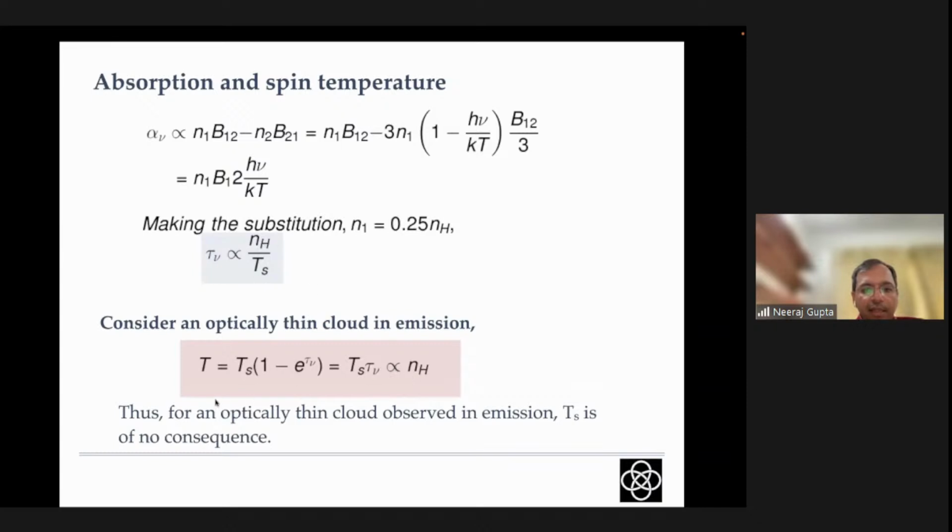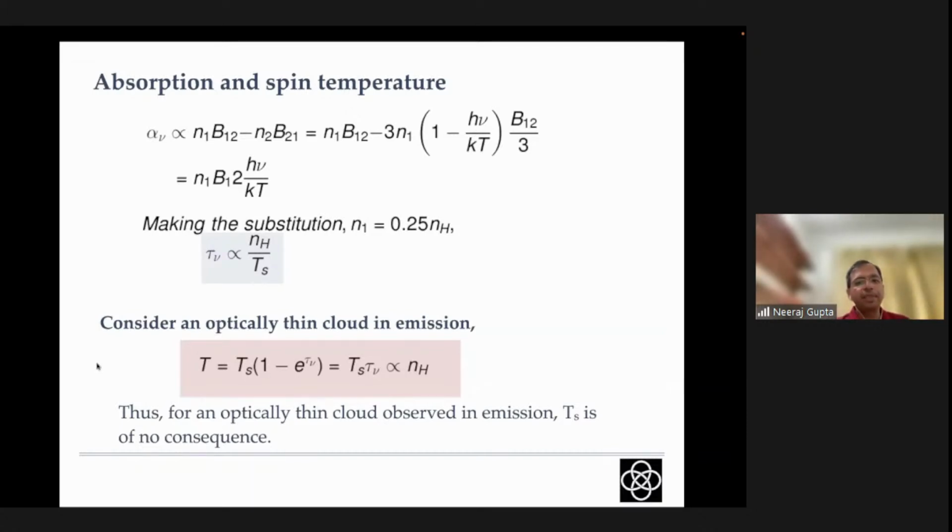So you can find that if the cloud is optically thin, then the brightness temperature of it, or the emission that I receive from it, is dependent only on the number of atoms that are present. So the conclusion here is that for an optically thin cloud observed in emission, spin temperature is of no consequence. And this is a very important conclusion.